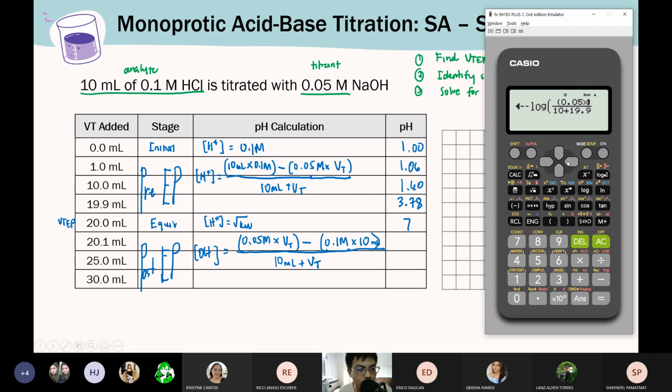0.05 times 20.1 muna. If you wish to clarify something, let me know lang ha, in the chat box. It's open naman. Times 10, close parenthesis, and plus 20.1.